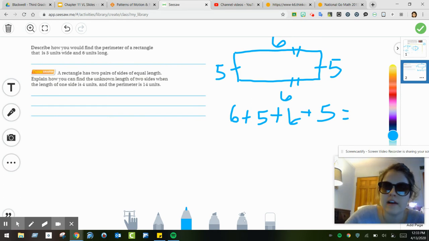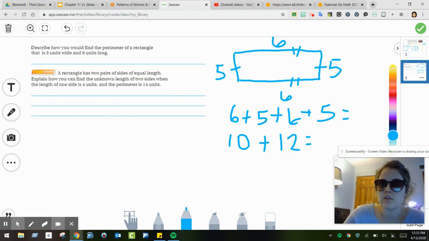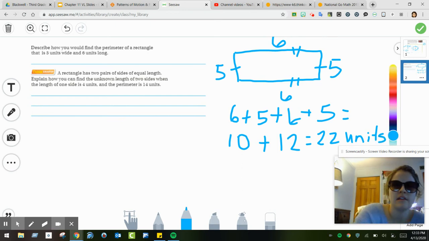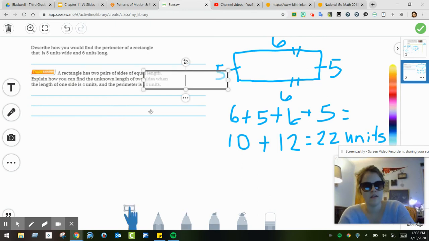So 5 plus 5 equals 10. 6 plus 6 equals 12. That's going to get me a total perimeter of 22 units. And I'm going to go ahead and write that on my line up here using my label tool so it's easy to read. 22 units.